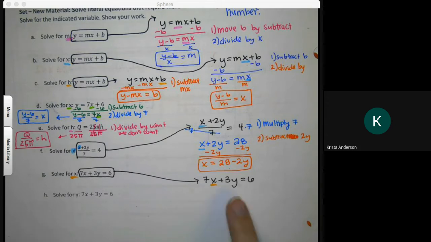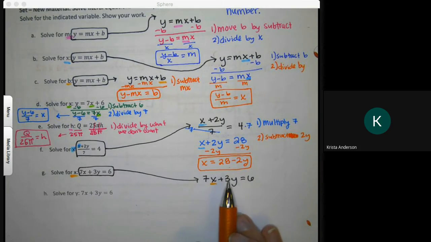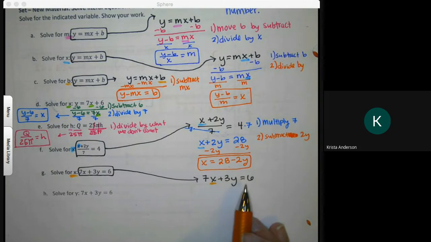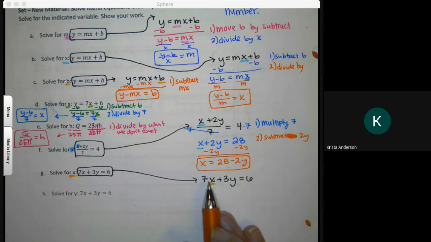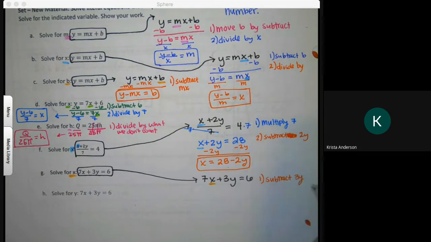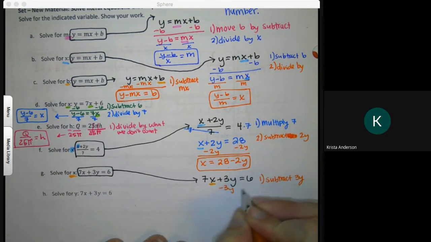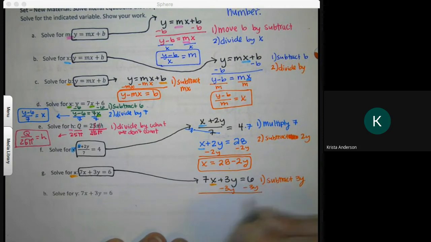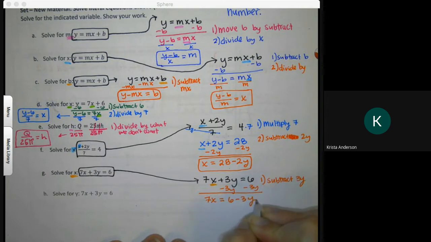I want to deal with this 3Y first, because if I divide by 7, I'll have to divide the 3 as well. It'll get messy. So I'm first just going to move this 3Y away from the X. Subtract 3Y. 7X equals 6 minus 3Y.